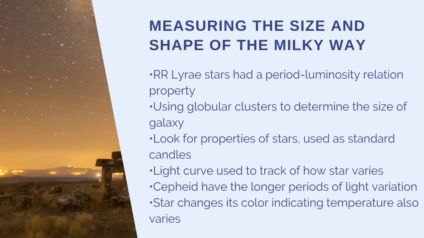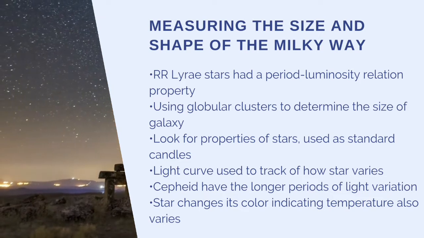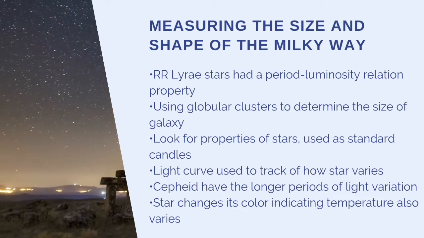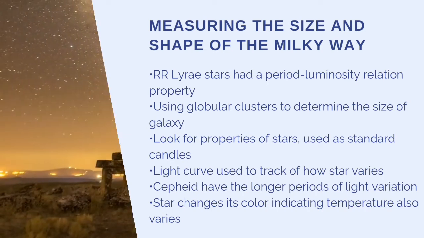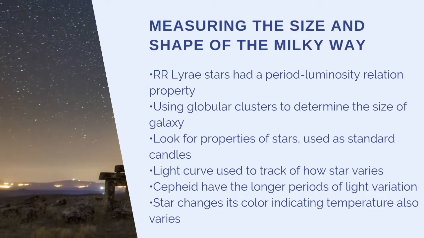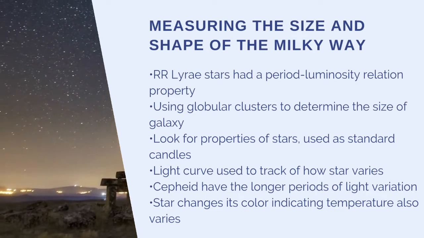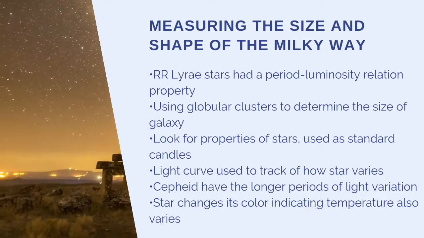They use this light curve, which is a graph that shows how the brightness of a variable star changes with time. The maximum of the light curve is the greatest brightness and the minimum is the point where it is faintest. As the star pulsates, it also changes its overall color, indicating that its temperature is also varying.